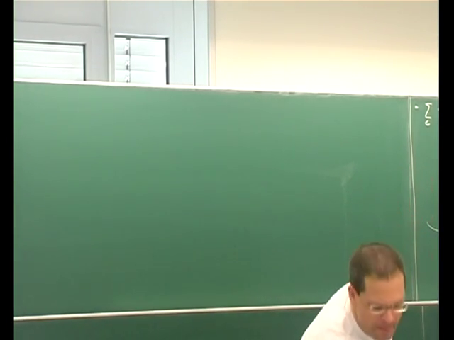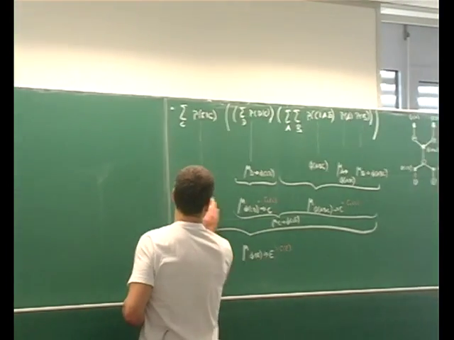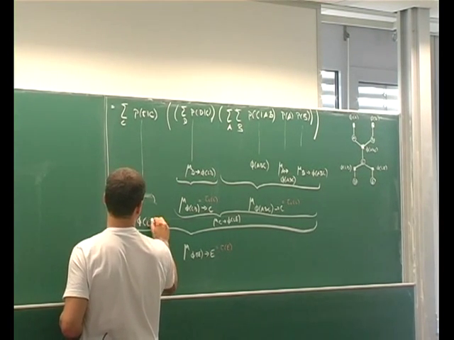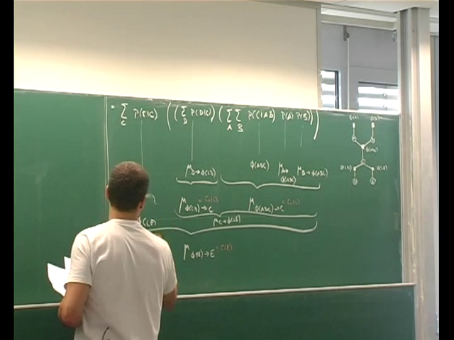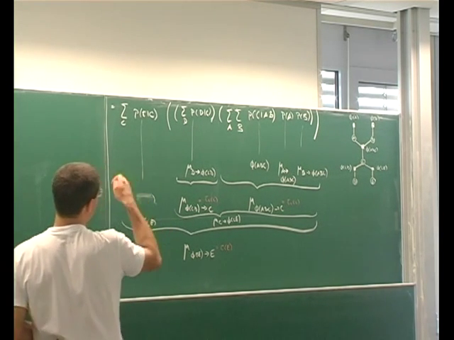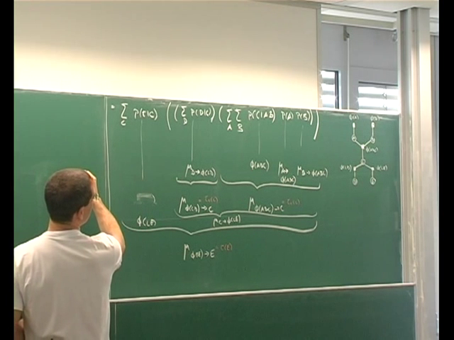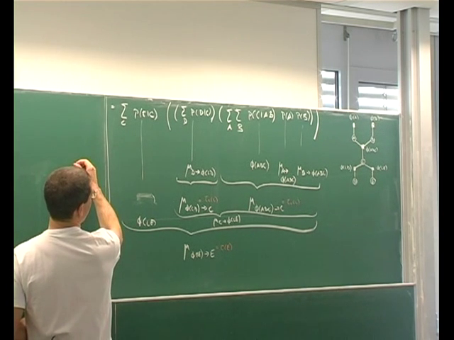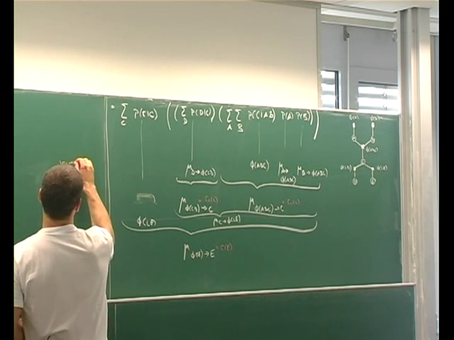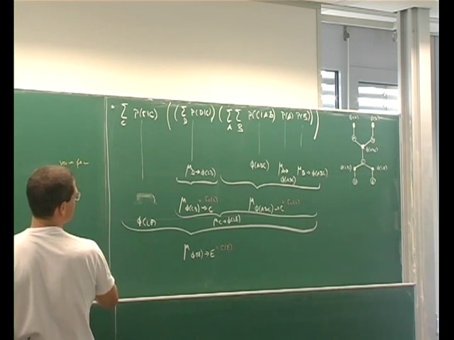So this factor here, I should pull it down a little bit. So what happened overall is that we send messages here from variables to factors.